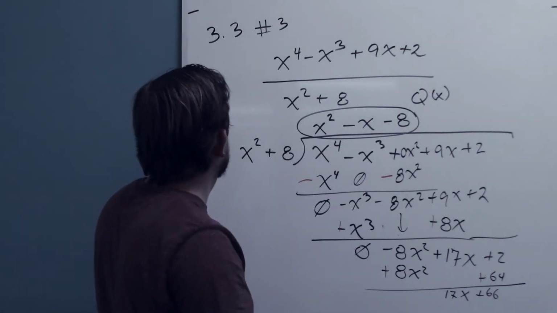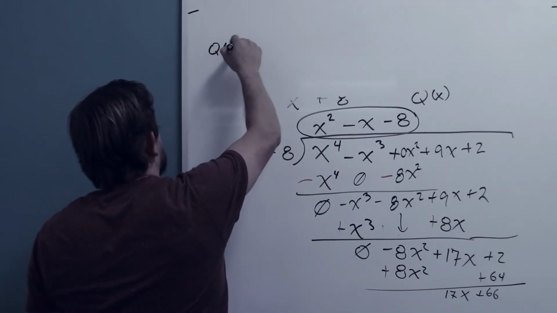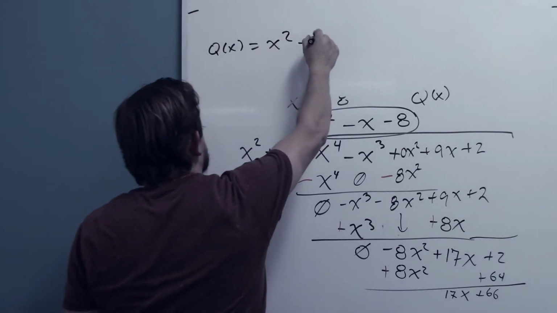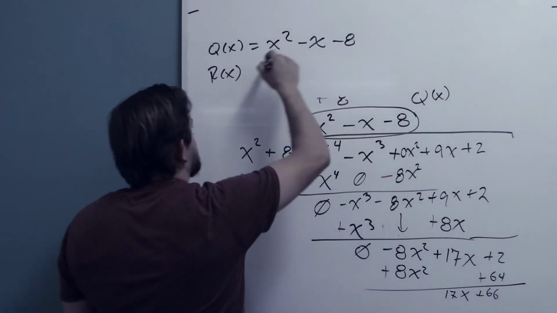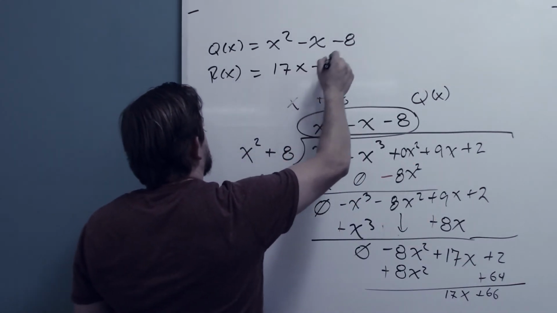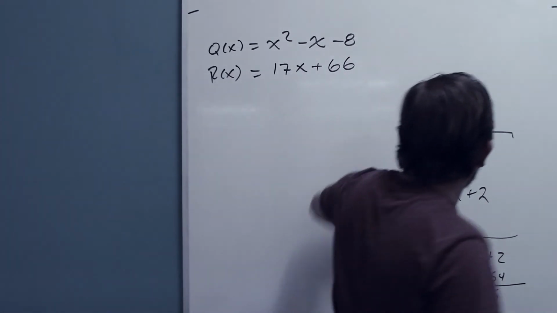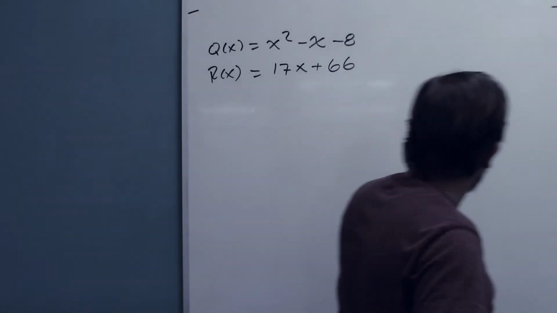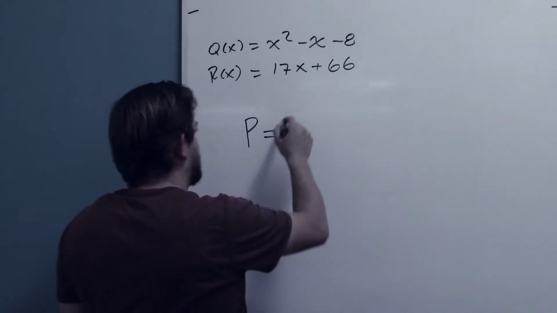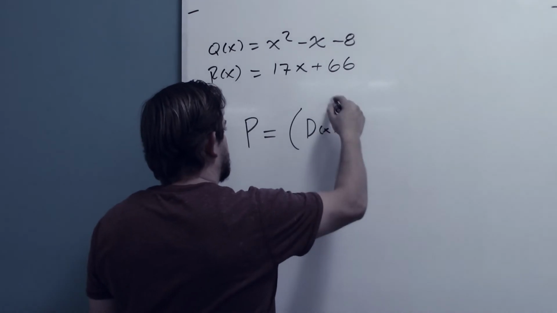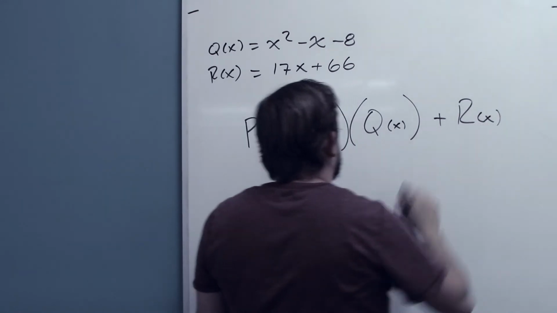So let me write this up here. Q of x equals x squared minus x minus 8. R of x is what's down here, 17x plus 66. So if I then write this, my polynomial can be rewritten as d of x times q of x plus the remainder r of x, right?